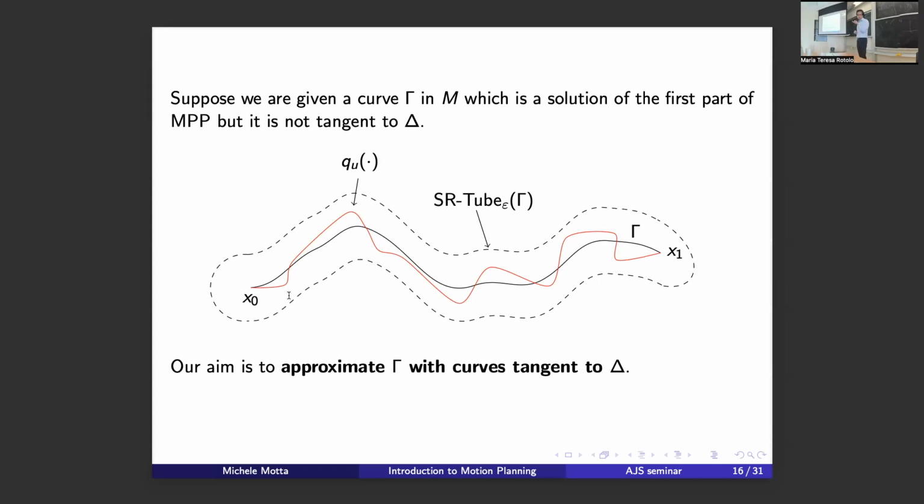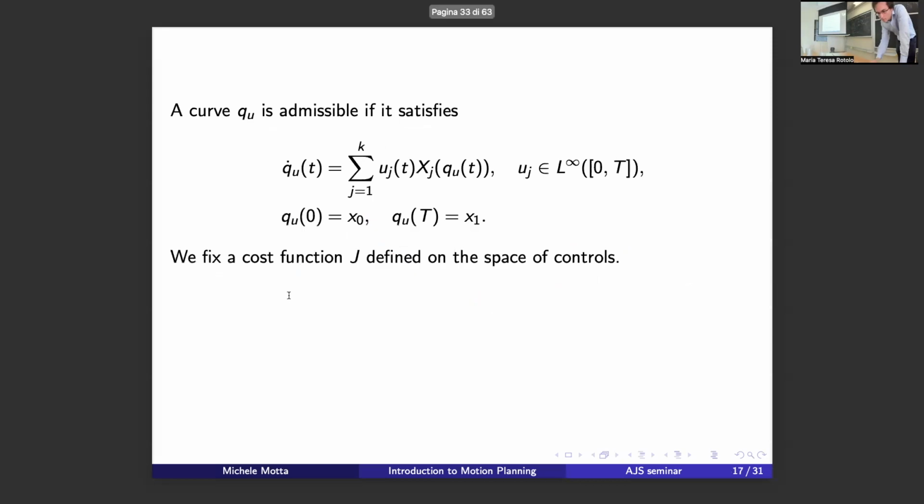And so what we want to do is to measure how complex this task is. So how complex is it to stay near to this curve. So just a brief recall: an admissible curve must satisfy this equation.